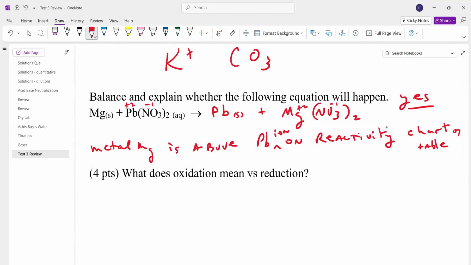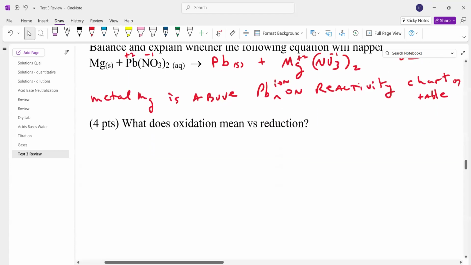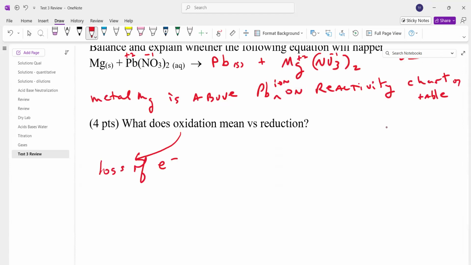Okay, oxidation versus reduction. Oxidation is loss of electrons. Reduction means gain of electrons. Now, when you get in your next class, they're going to talk about oxidation numbers. When an oxidation number increases, it's oxidation.